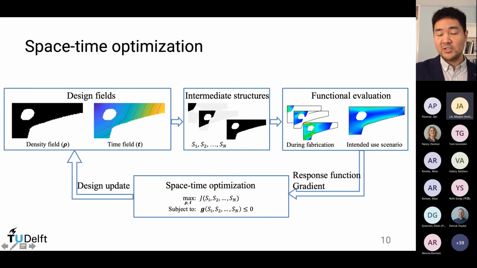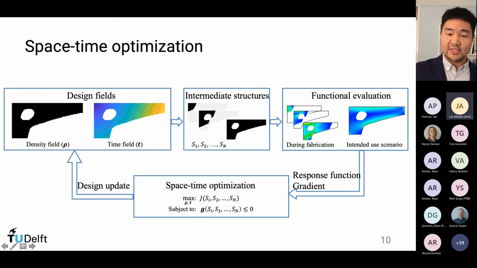And from the simulation, we extract important information to minimize or to maximize, for instance, to minimize distortion, to minimize residual stress. Of course, we also have constraints. And this objective function depends on the density field and time field. It is also related to all the intermediate structures.